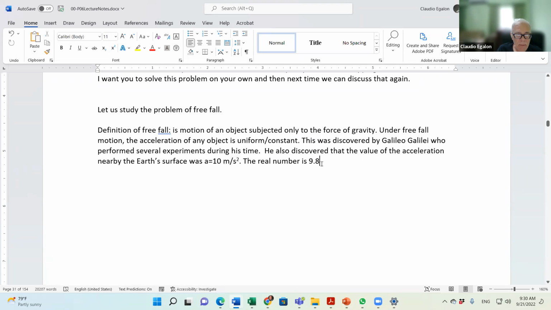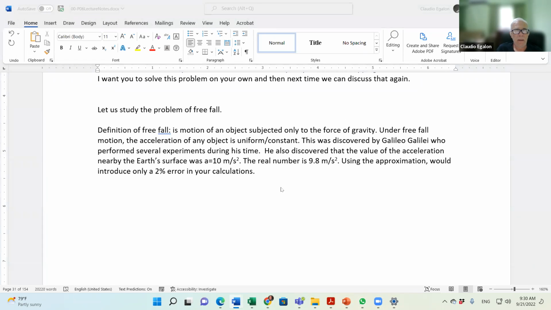Using 10 meters per second squared would introduce only a 2% mistake, which is acceptable. What's not acceptable is when the error is more than 10%.